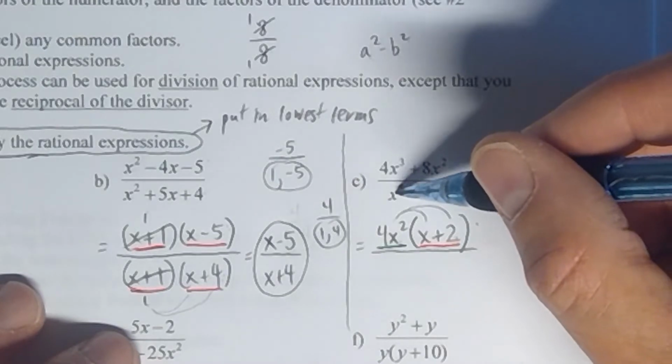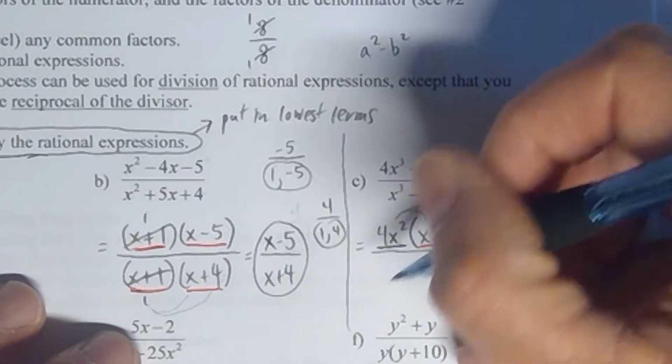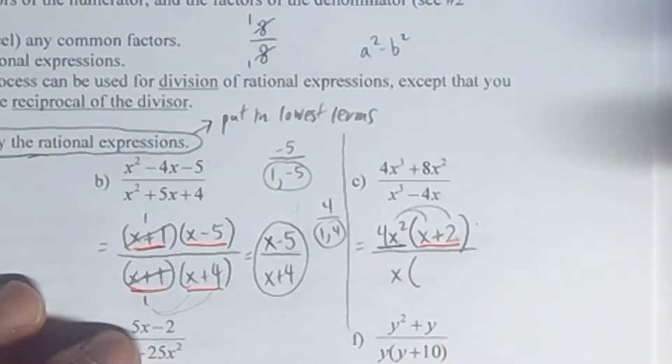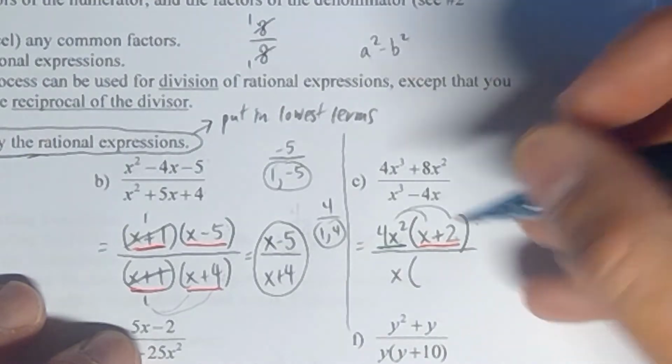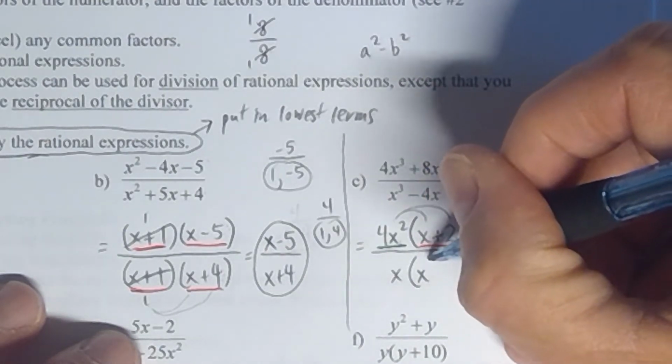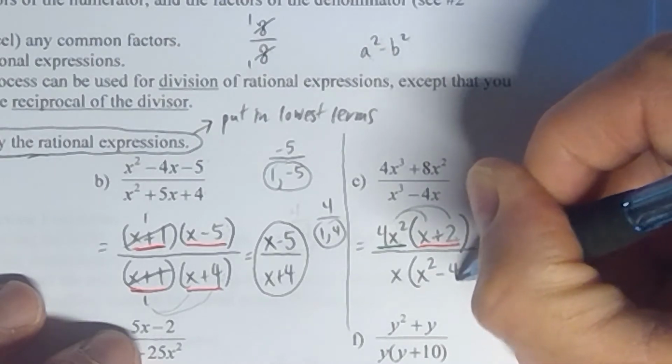So then on the bottom, the GCF there is going to be x. And then if you factor that out, we get what? We get x squared minus 4.